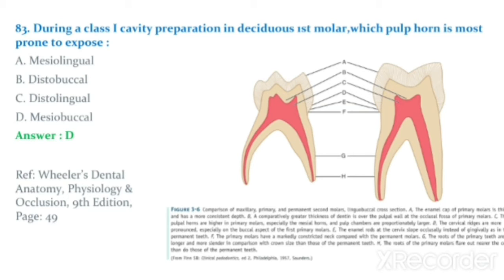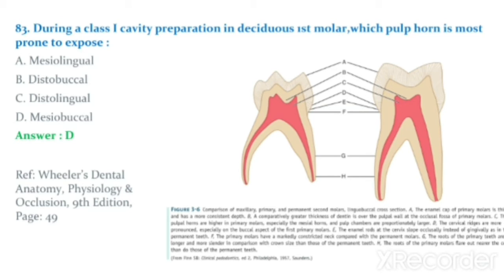And in G you can see the roots of primary teeth are longer and more slender in comparison with crown size than those of the permanent teeth.